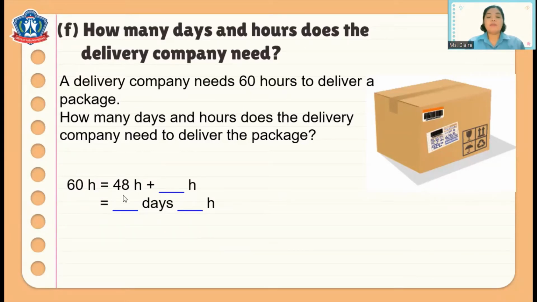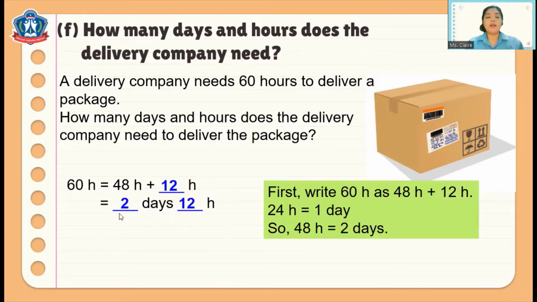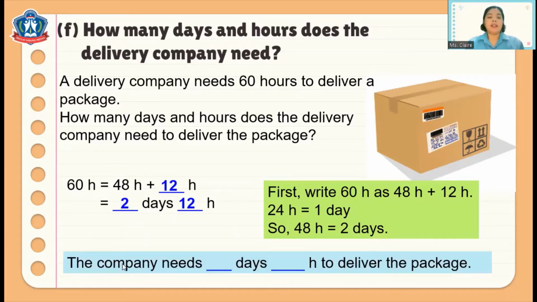Then, what is the remaining hours? 60 minus 48 is 12 hours. Therefore, 2 days and 12 hours is equal to 60 hours. So the company needs 2 days and 12 hours to deliver the package.